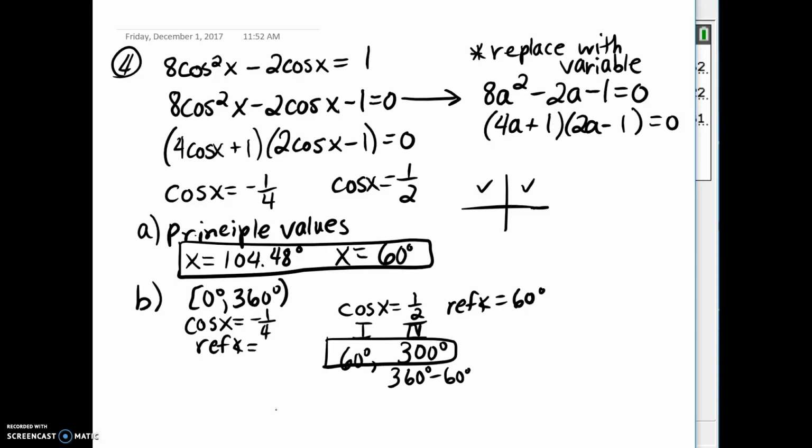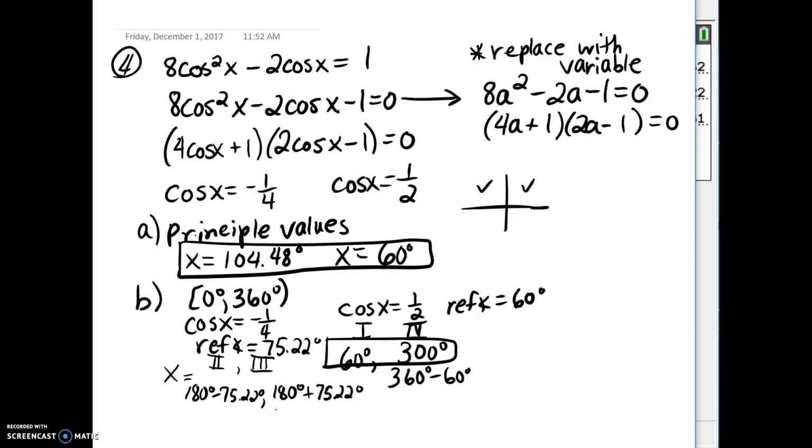So I'm going to put that in as my reference angle. And then I'm going to calculate my other angles because my angles are going to come from quadrants 2 and 3 by doing 180 minus the 75.22 and 180 plus the 75.22.